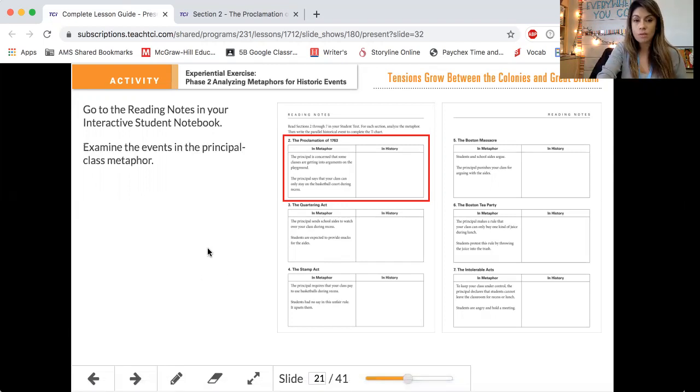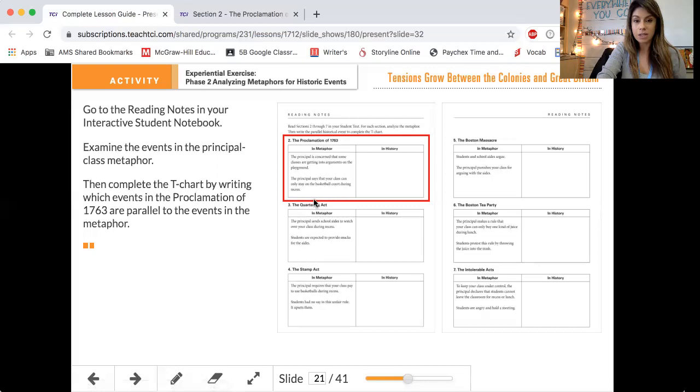You are going to take a look at those events in the metaphor and complete the T-chart by filling in the history section and describing which events in the Proclamation of 1763 are parallel to those two events that I just read to you. Go ahead and pause the video now so you can complete the in history part of the T-chart.